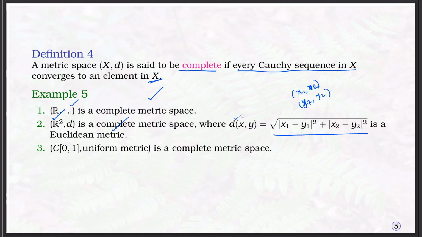That means this metric makes R^2 a complete metric space. Similarly, the set of all continuous functions defined on the interval [0, 1] forms a complete metric space with respect to the uniform metric, which we defined in the previous lectures. That means the supremum of the distance between two functions at the points forms the complete metric space. These are all examples of complete metric spaces.